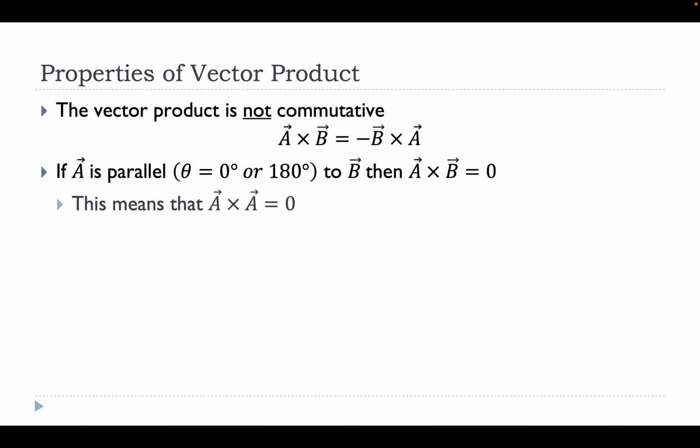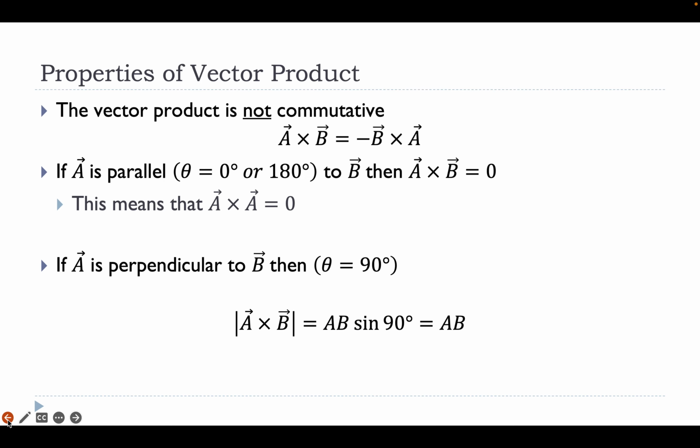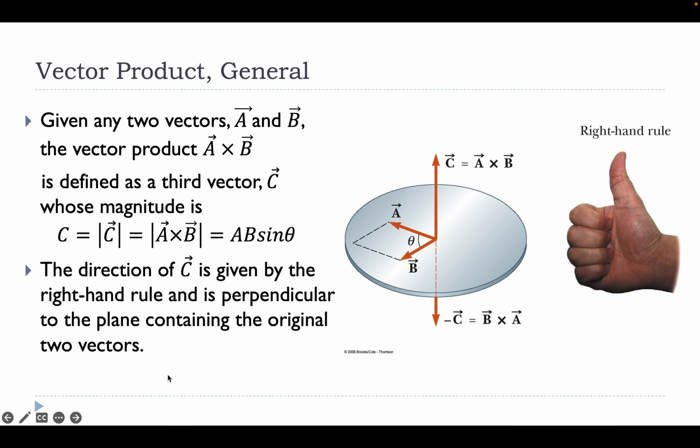If A is parallel to B, meaning that the angle between them is either 0 or 180 degrees, then it turns out that A cross B is equal to 0. And the reason for that, I'm going to go back a slide for a second, is because the magnitude of the cross product is the magnitude of each of the vectors times sine of the angle between them.